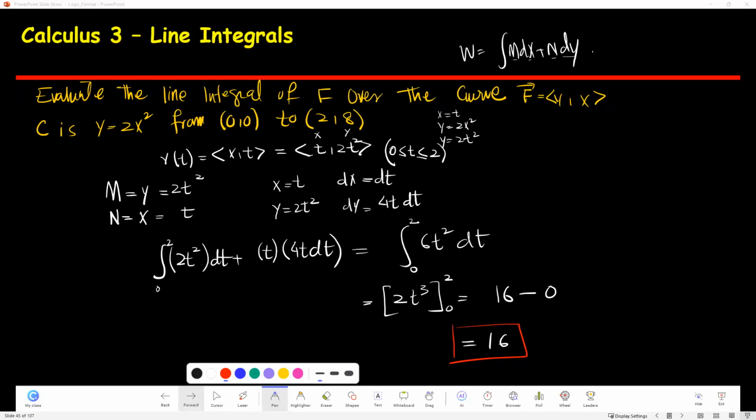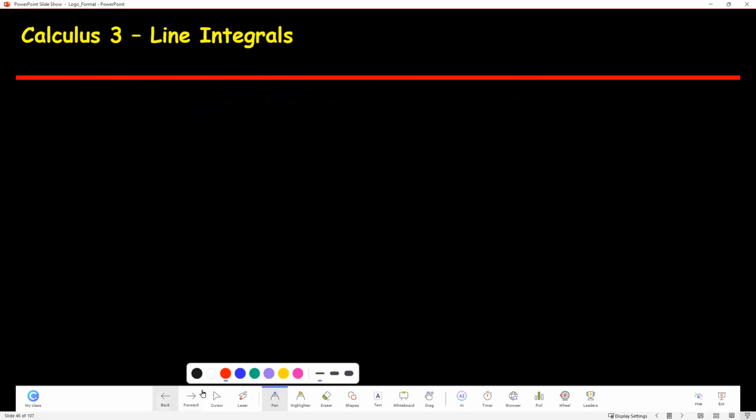Let's take a 3D line integral in a vector field or vector function. Field and function are pretty much the same thing. I'm going to write: evaluate. Just so you know, in these problems the function is not actually telling you if it's a scalar or a vector.